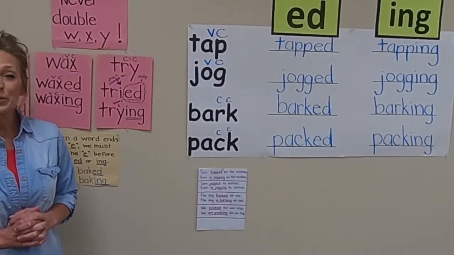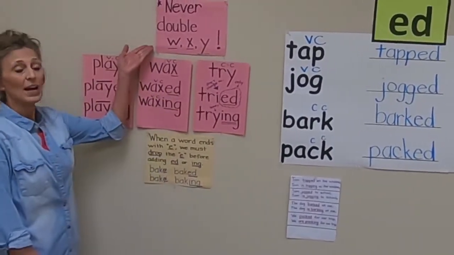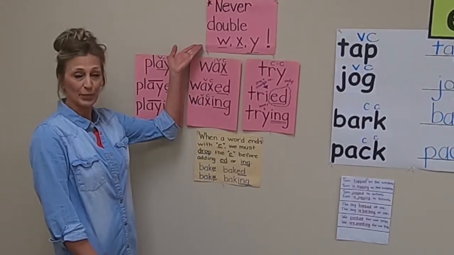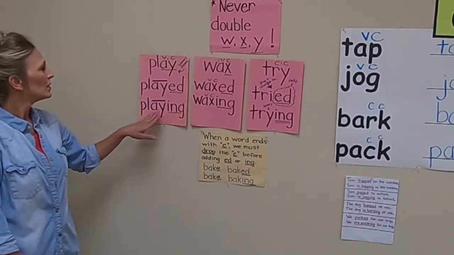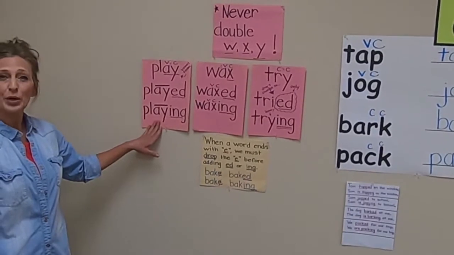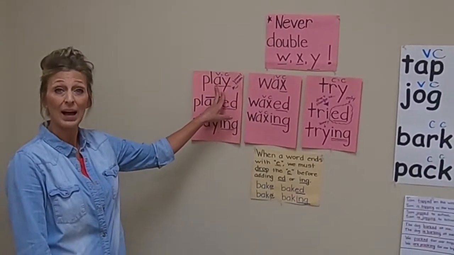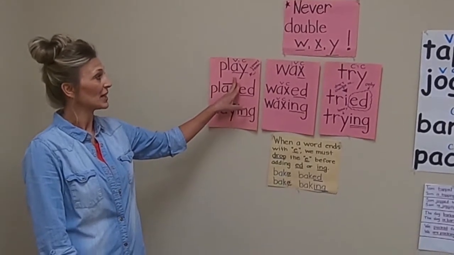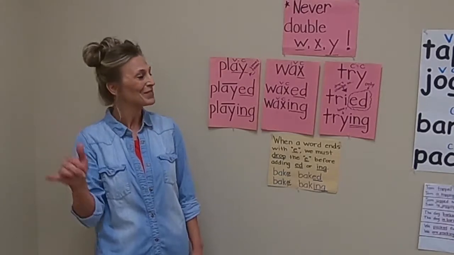Now let's go over to a few exceptions of the rules. We never double W, X, or Y. My first example is the word play. Notice play ends with AY. Our vowel team that says two-letter A, it's payday.